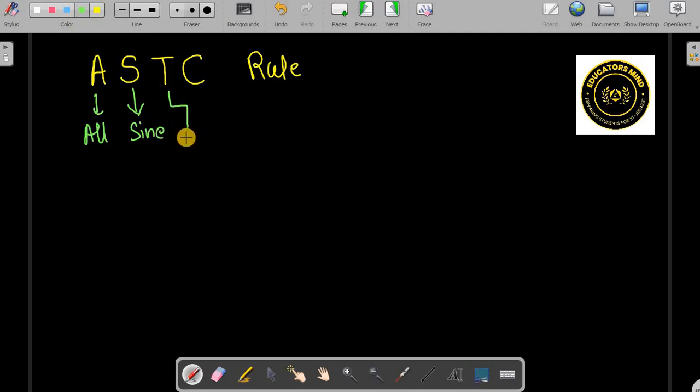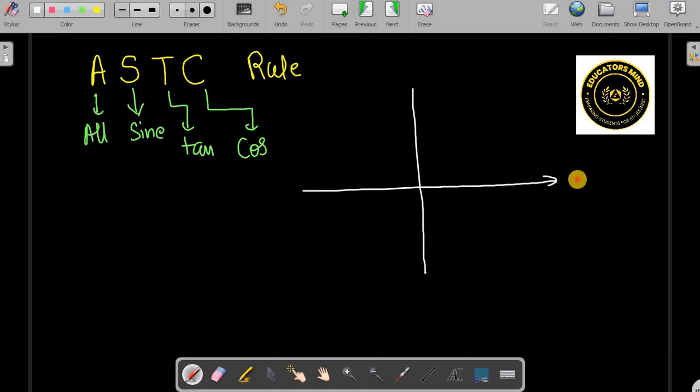T refers to tan, and C refers to cos. So what is this rule? First of all we need to divide the quadrants. Let's say this is x, x dash, y, y dash. This is the first quadrant, this is the second quadrant, this is the third quadrant, and this is the fourth quadrant.